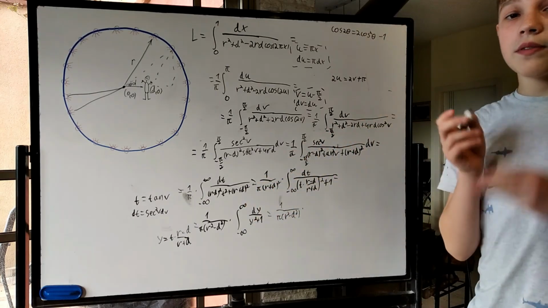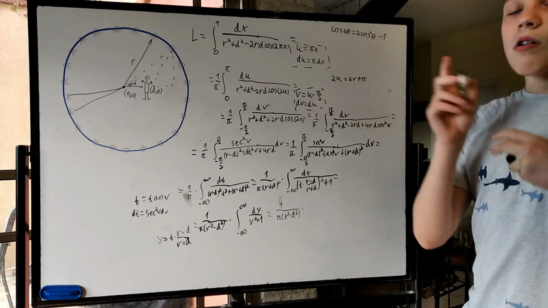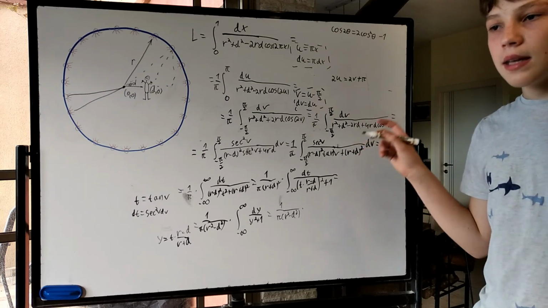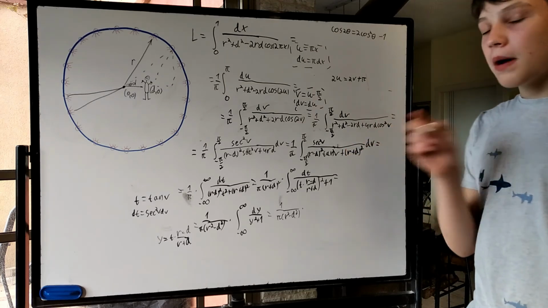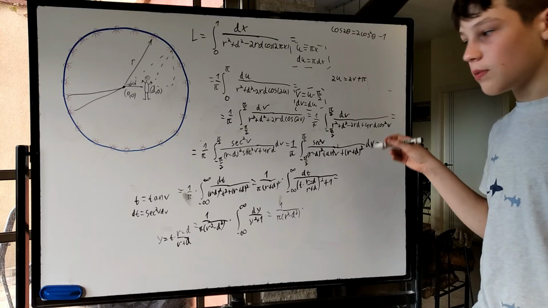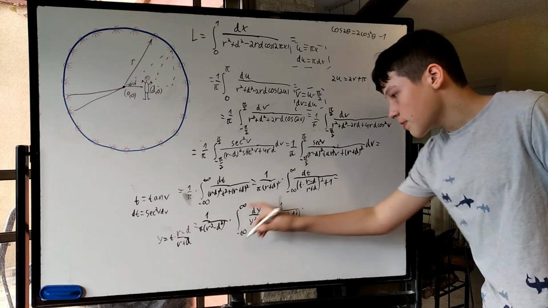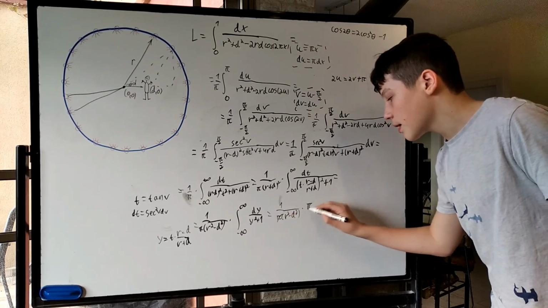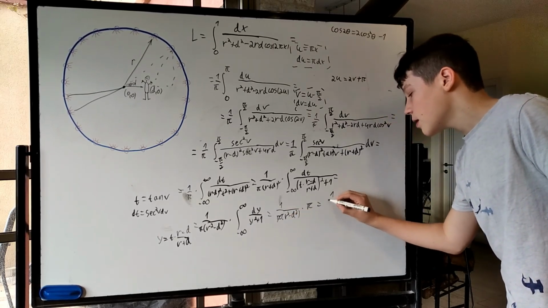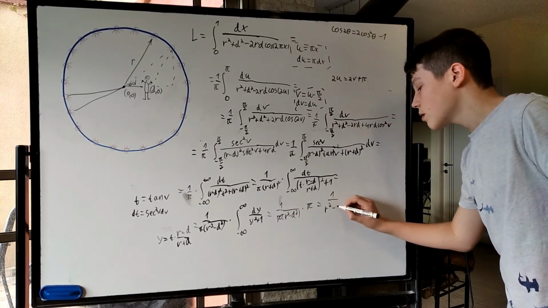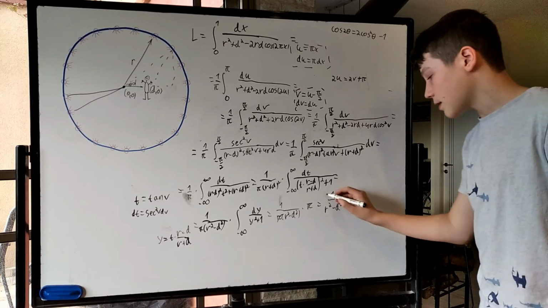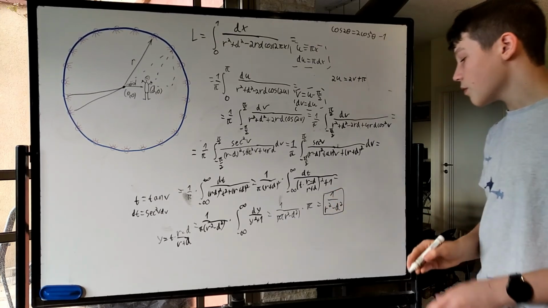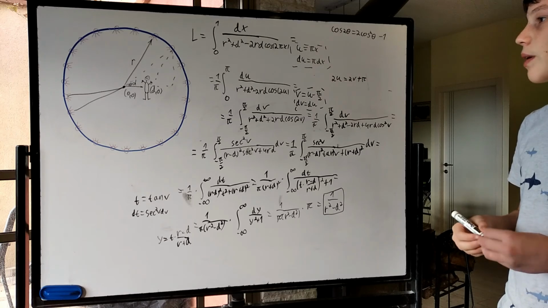Now arctangent of infinity is pi over 2, arctangent of negative infinity is negative pi over 2, pi over 2 minus negative pi over 2 is pi, and so this integral evaluates to pi. Now pi cancels with pi, and we'll get our final answer. Very simple answer: 1 over r squared minus d squared.